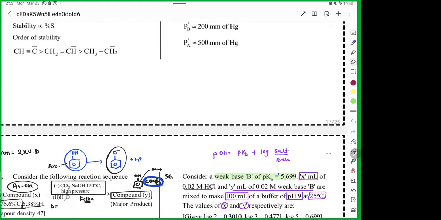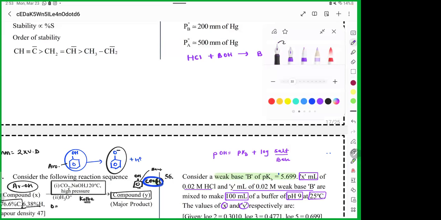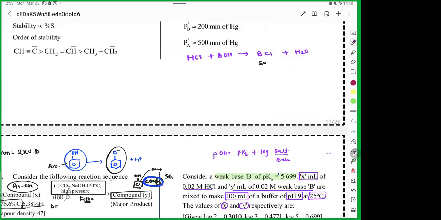In this case, you have HCl. HCl reacts with the base and OH, it will form base chloride plus H2O, correct? This is salt, this is base. And in the formula, we have salt by base.